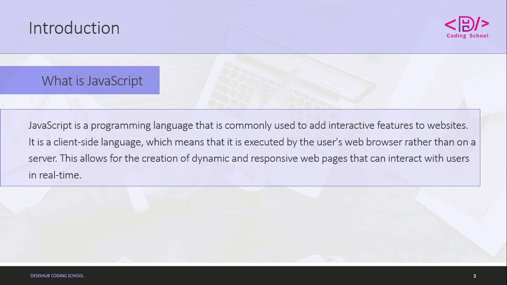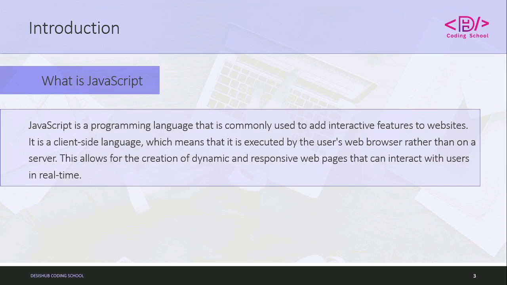It is responsible for the structure of the website, and CSS is responsible for the looks of the website, but JavaScript is responsible for the thinking, the interactivity of the web. Amongst the three languages, JavaScript is the only programming language. It is commonly used to add interactive features to websites.